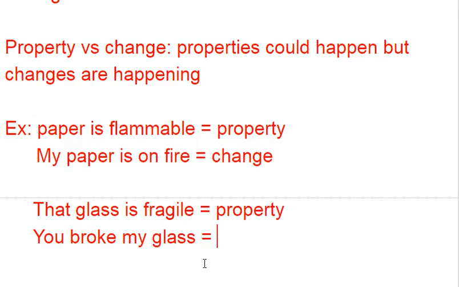But if somebody drops your glass and breaks it, that's the change. So it's kind of a subtle difference. Not really one I'm far more concerned about. I'm far more concerned you know the difference between physical and chemical. So when we're doing labs, you can decide if it was just a physical change that occurred or if something chemical took place.